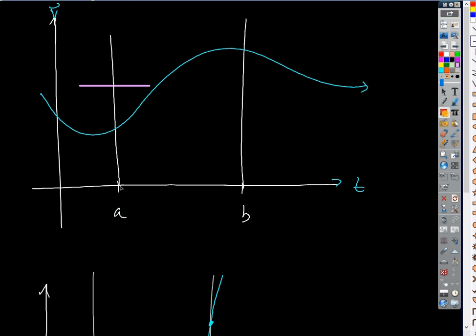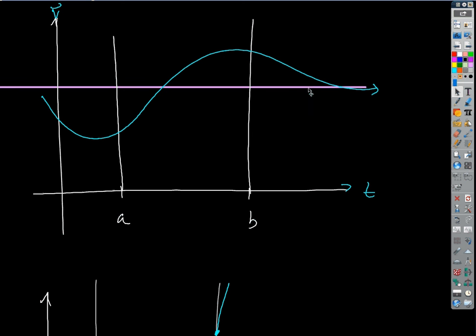Okay, so that is what we call the mean value of the function, right? But how do we get that? Now let's think about what we just did here. So we've got, let me fix this a little bit. It's right about there.